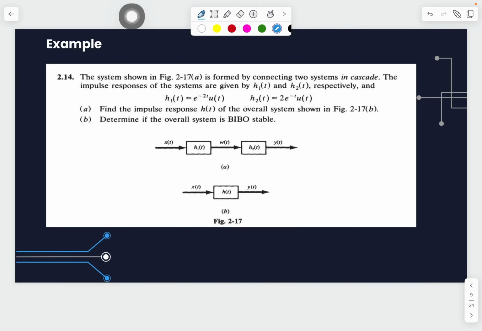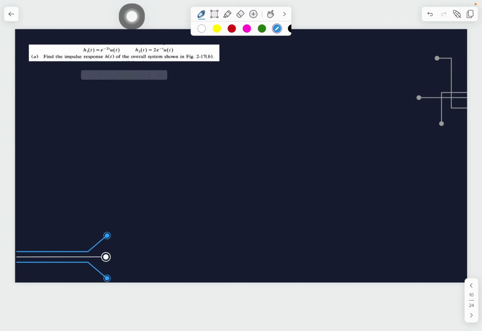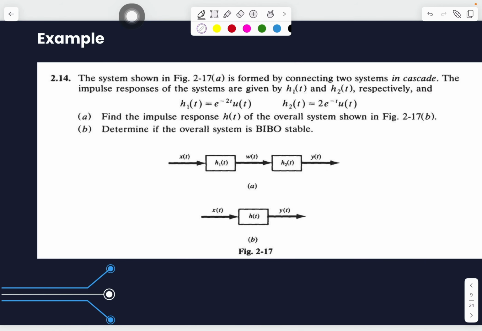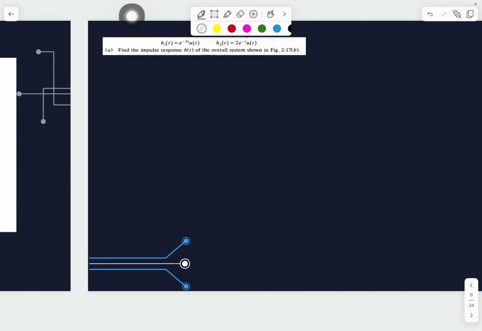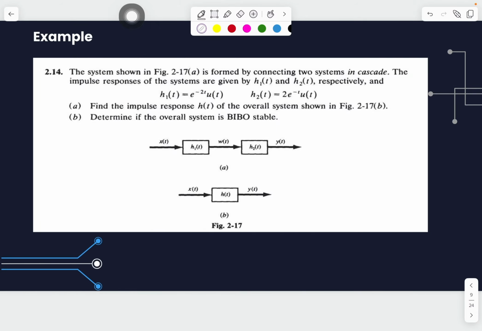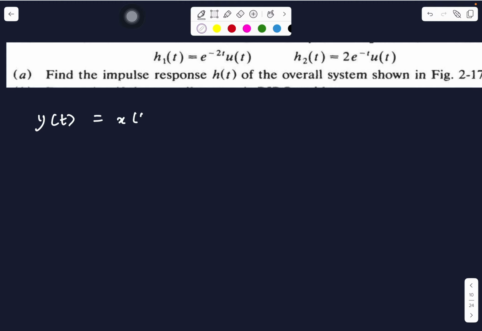So let's do the first example on convolution properties. Let's do letter A first. We can see from figure 217b that y of t is equal to x of t convolved with h of t. This is number one.